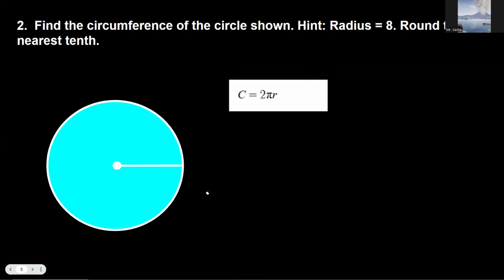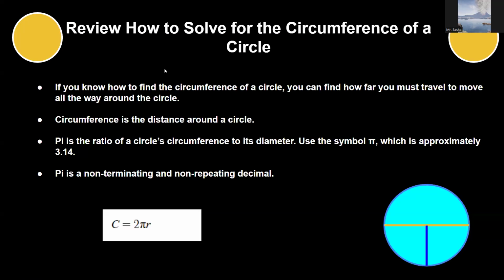Now let's move on to a brief summary on slide 6. So now we'll go for a review. Remember, if you know how to solve for the circumference of a circle, you can find how far you must travel to move all the way around the circle, making a 360 turn.